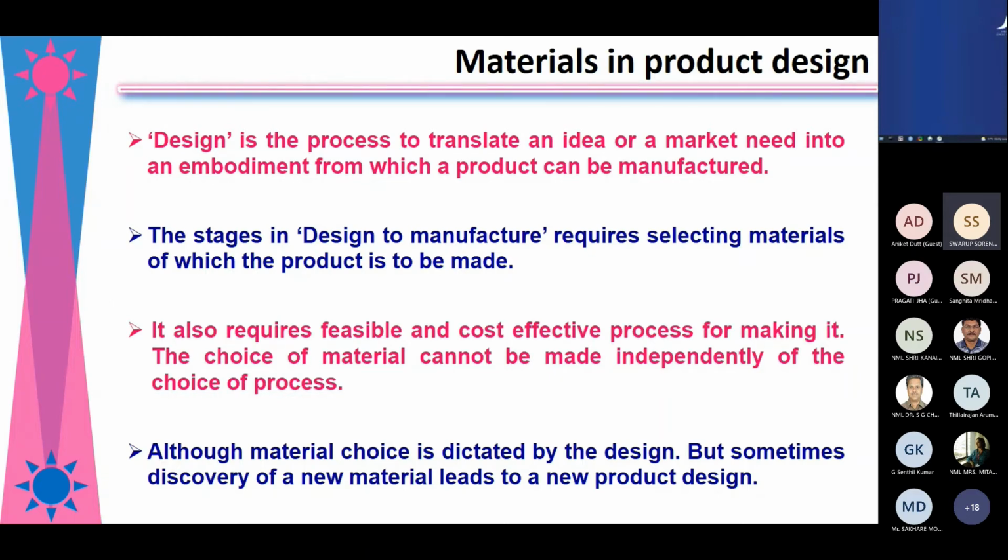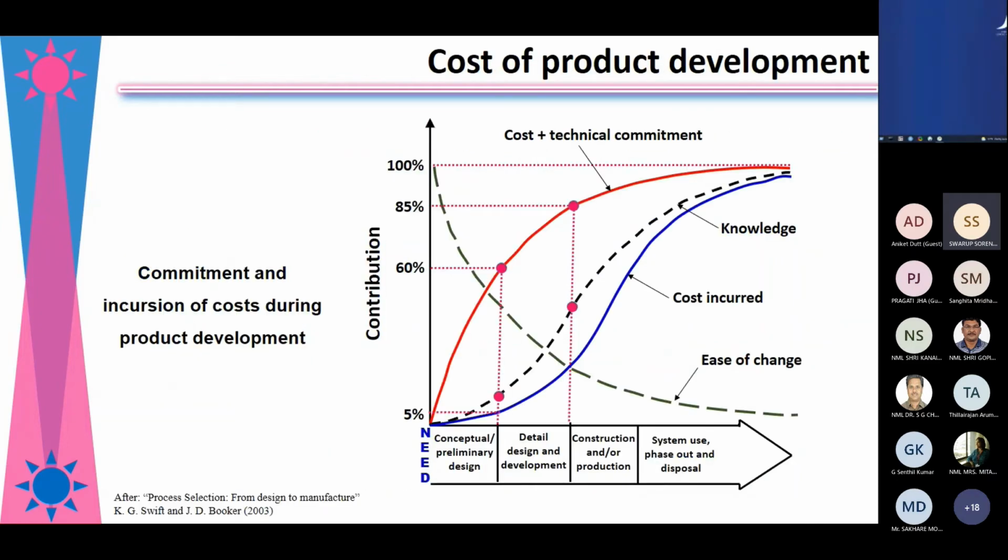If we look at the cost of product development, the x-axis here shows the conceptual design. Conceptually, the technical knowledge is very high, but cost-wise, we do not put a lot of cost in that.